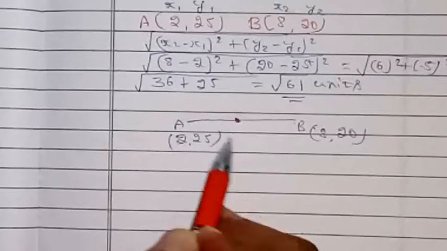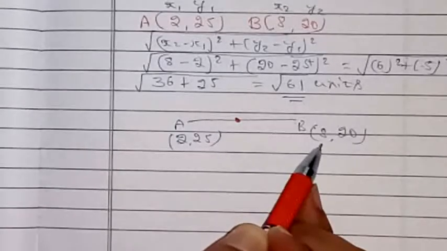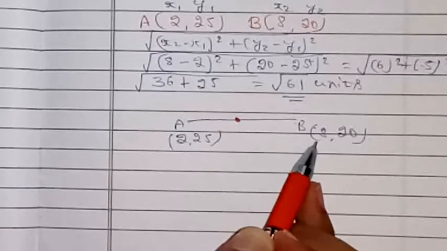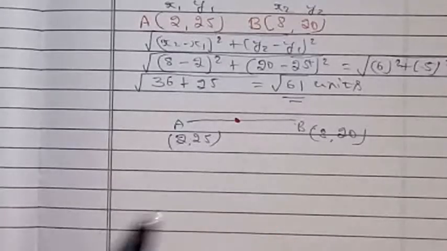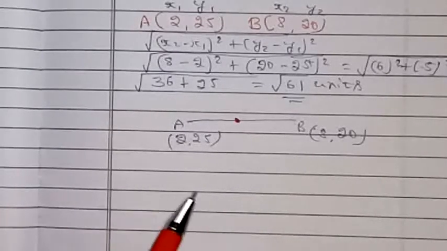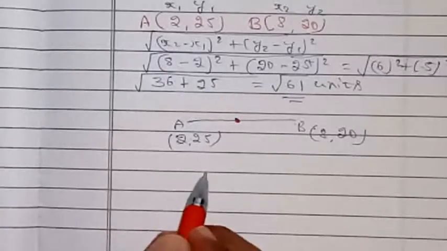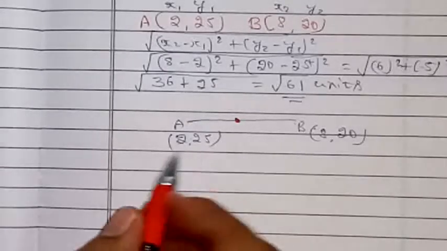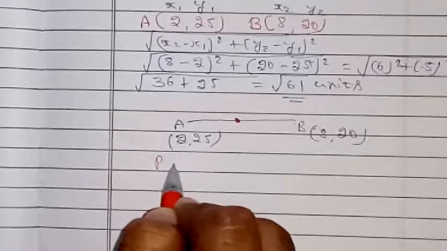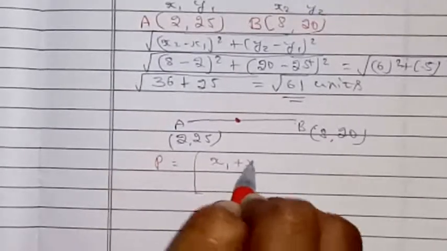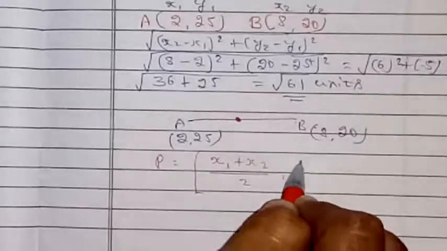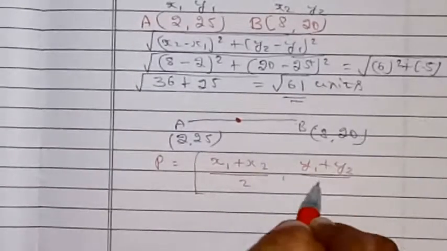Now how will you find the coordinates of this point? By using these 2 coordinates, right? If you have remembered the formulas, you have learned the section formula, children. The coordinates of the midpoint of the line segment joining the points (x1, y1) and (x2, y2), the midpoint section formula says P equals ((x1 plus x2) divided by 2, (y1 plus y2) divided by 2).